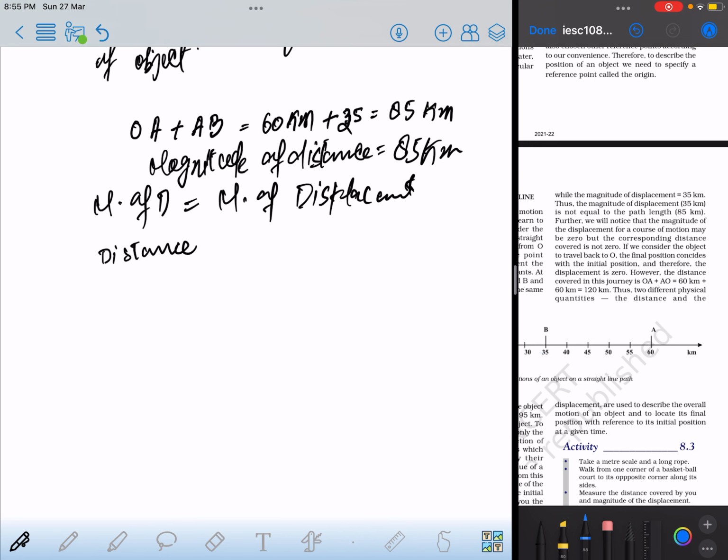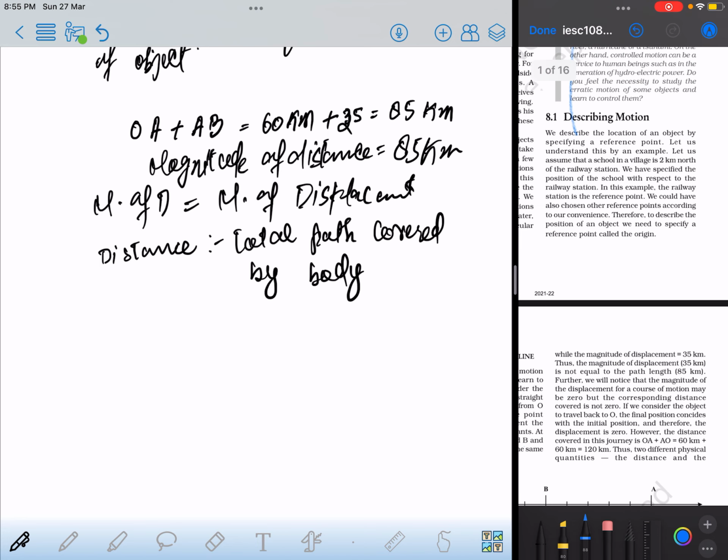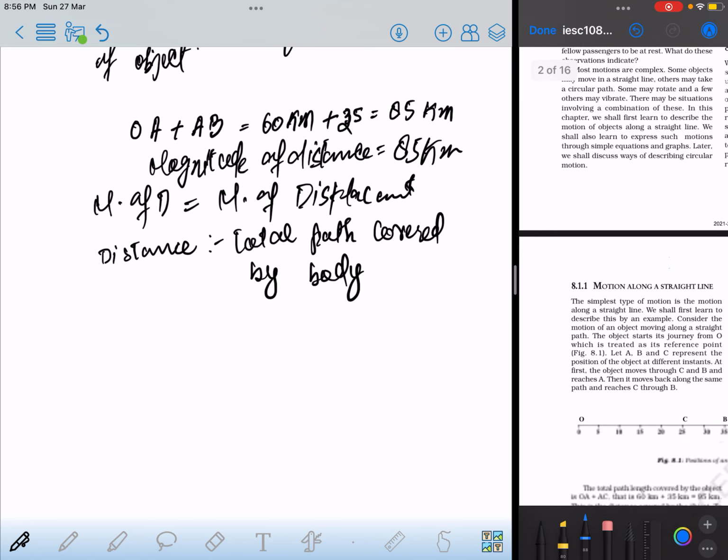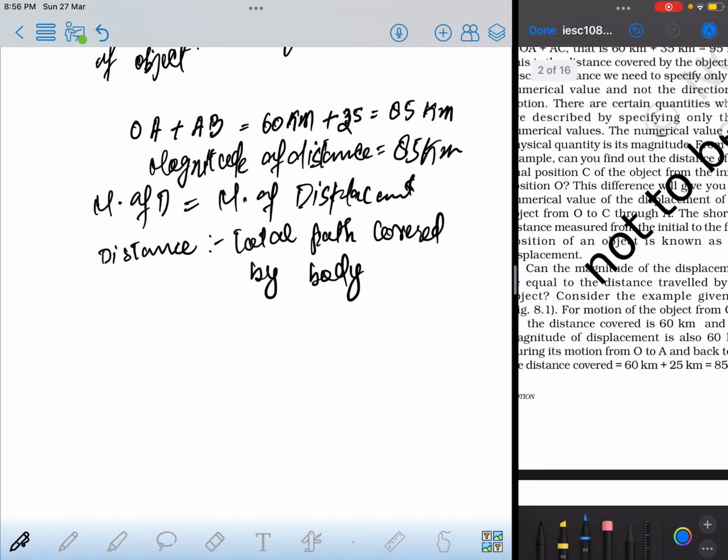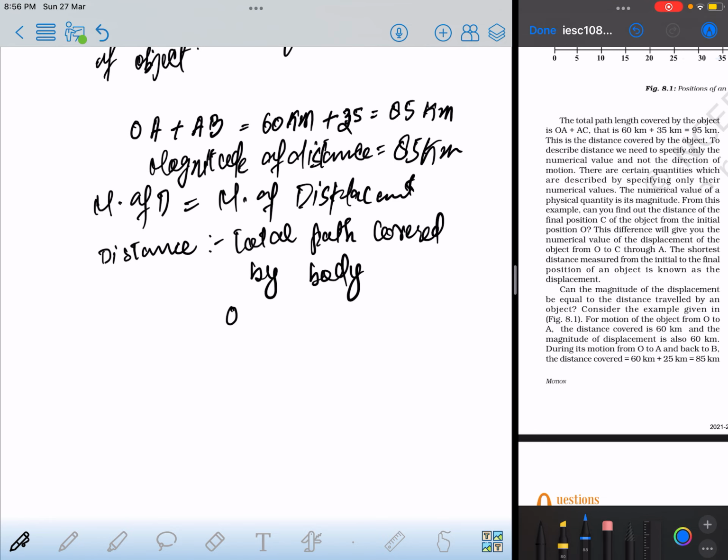For distance we can use this: total path covered by body, because when we saw here, when the body moved from O to A, then A to B, then B to C, if we add up these things, this was the 95 kilometers.